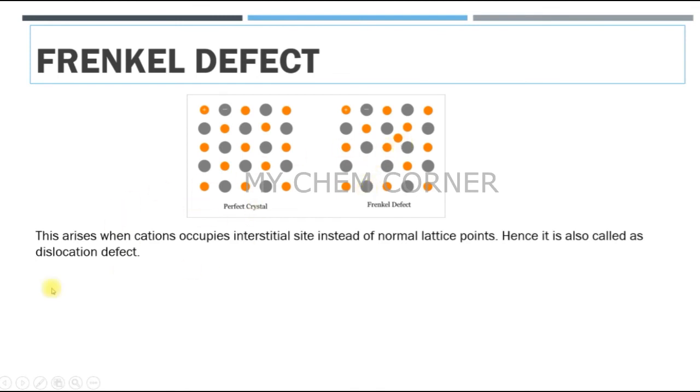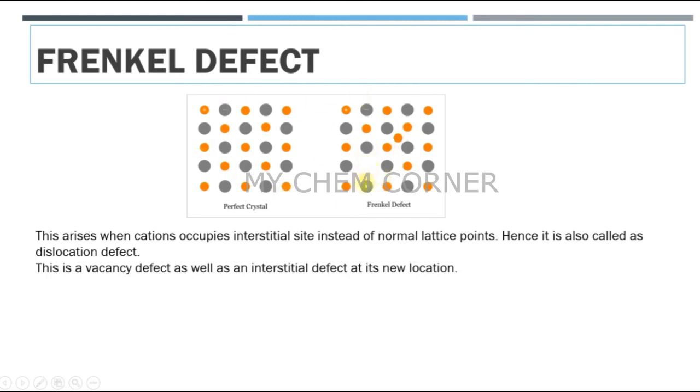So you observe an interstitial defect here. But in this case, you can also observe a vacancy defect because there's a vacant site here. So in Frankel defect, you can find both.